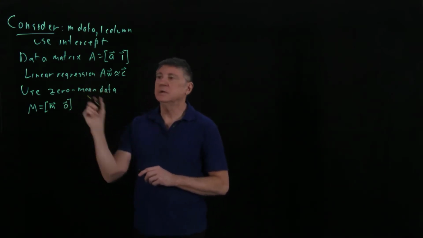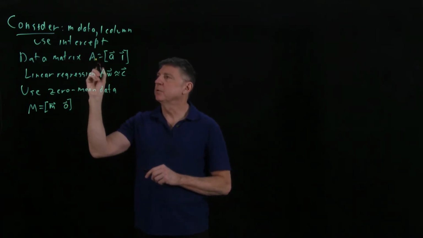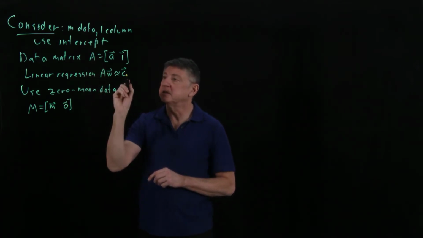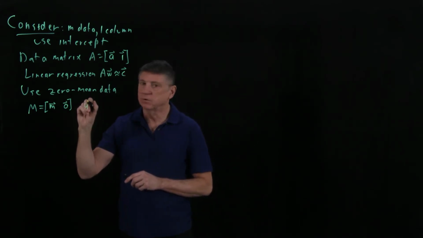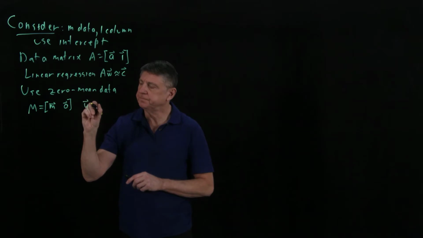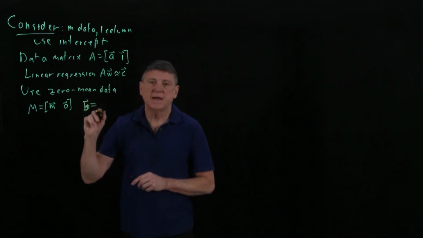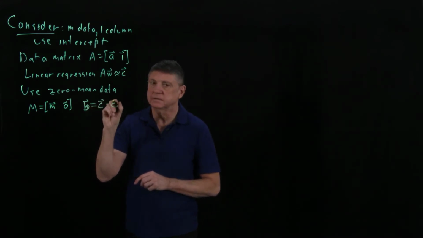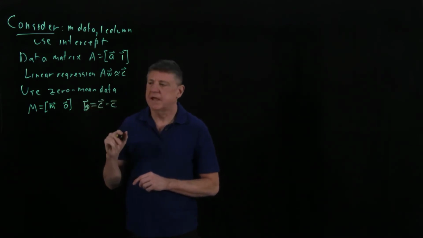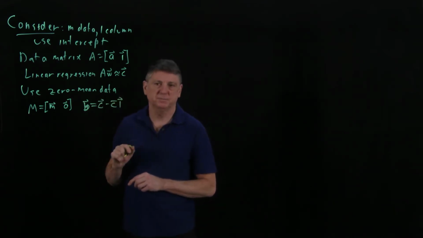And then, well, let's continue. So we've taken the zero mean form of our data vector. Now we have to take the zero mean form of our dependent observations, and let's call that Y. Actually, let's call that B. And let's say that that is C minus C bar. And strictly speaking, that should be with a ones vector.